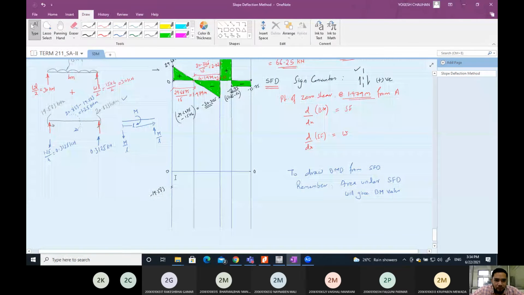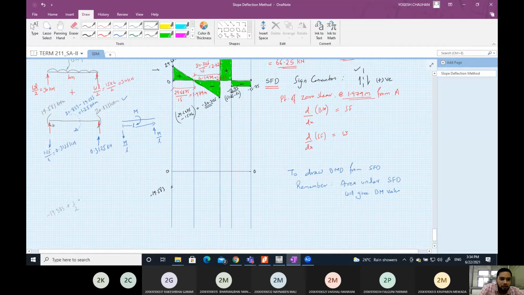Then the area under this part, you have to add. So minus 19.583 plus the area of this triangle. The area of this triangle will be 1/2 base into height.